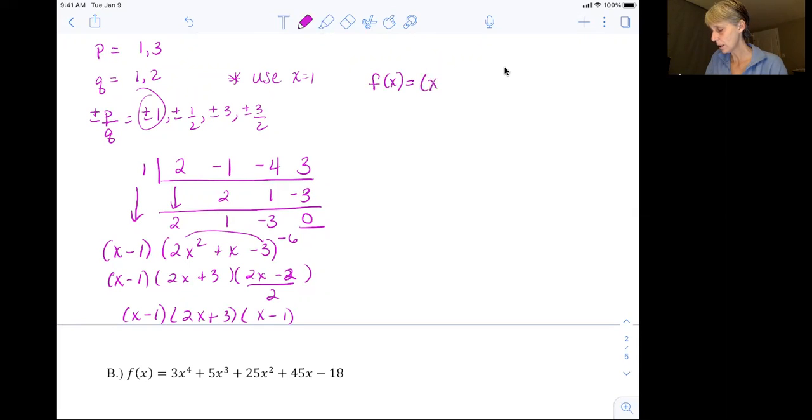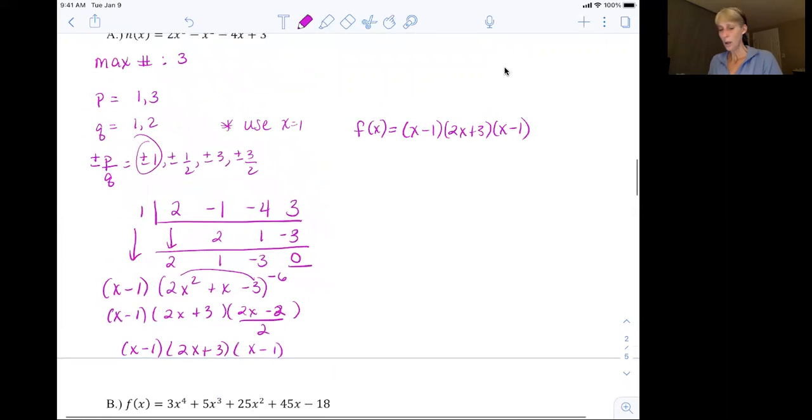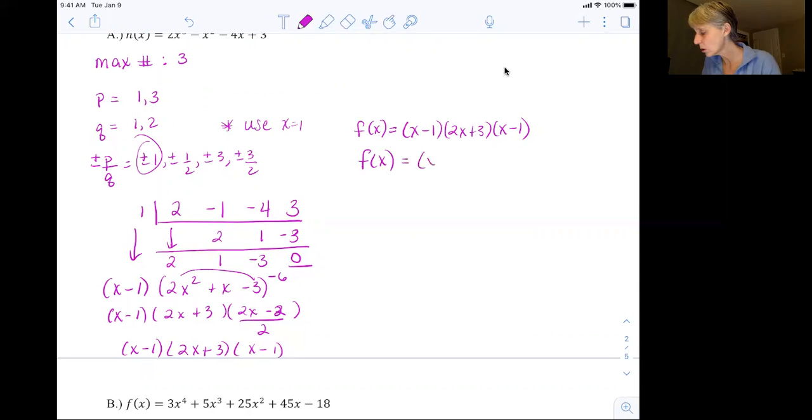So basically, I know I'm just rewriting it stupid, but that's okay. So this is my factored form. And if you notice, x minus 1 occurs as a factor twice. So you could rewrite it like that.